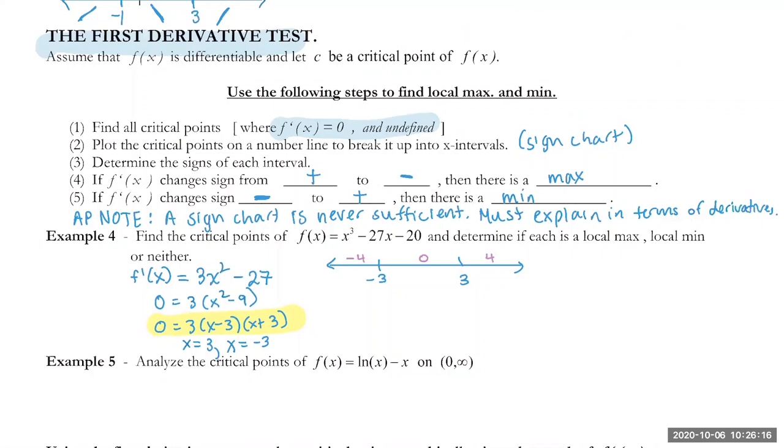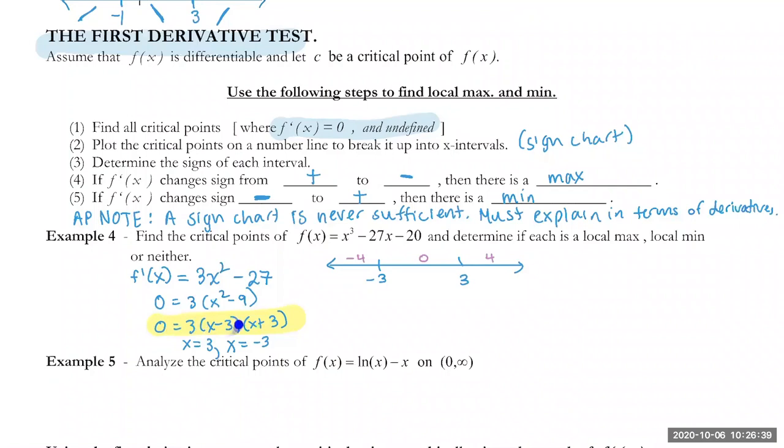If you guys look up real quick, I've gotten to the part where I found the critical values -3, 3. I created the number line, and then above that I put a test point that was within that open interval. I just want to show you guys the most efficient way of doing this. I would take -4, and I would keep in mind that 3 is positive, it's not going to change anything.